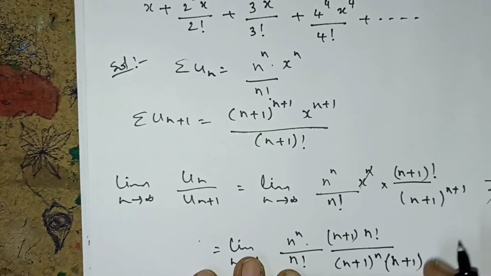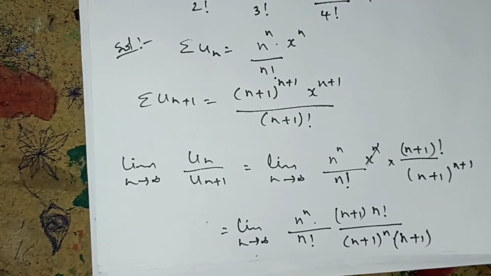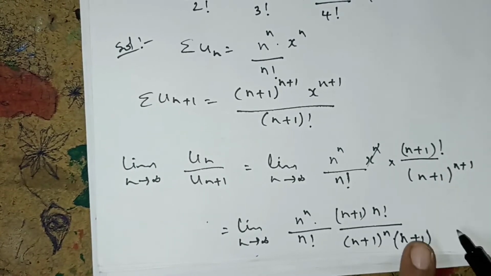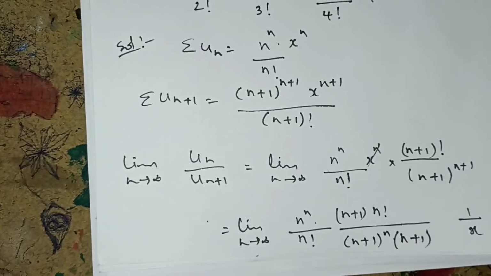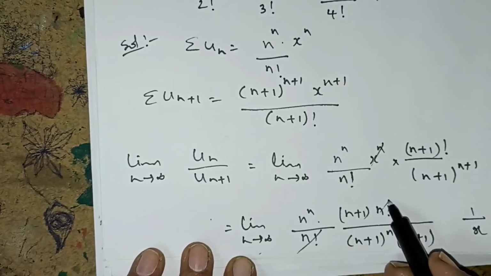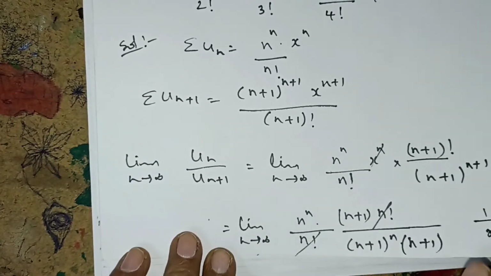Bases are equal, so powers should be added: n plus 1 to the power of n plus 1 we can write like this. Into 1 by x. Now n factorial gets cancelled. Now from this, taking n to the power of n common, it will become n to the power of n.